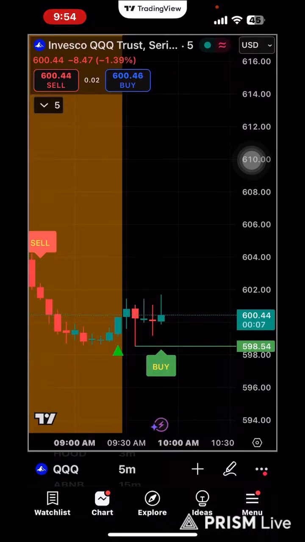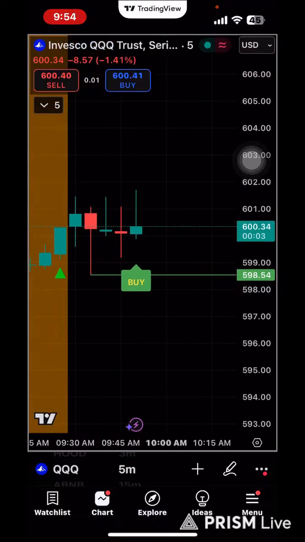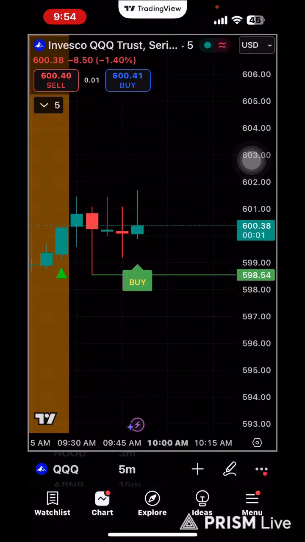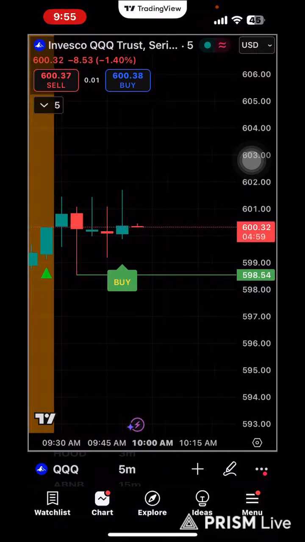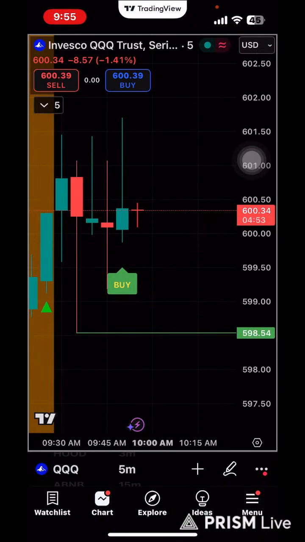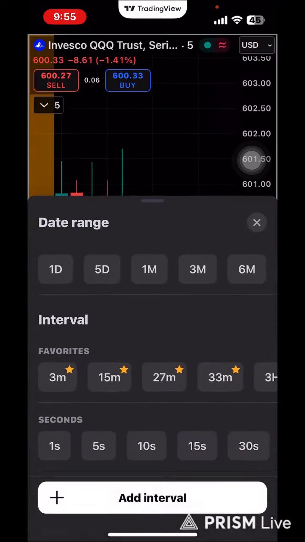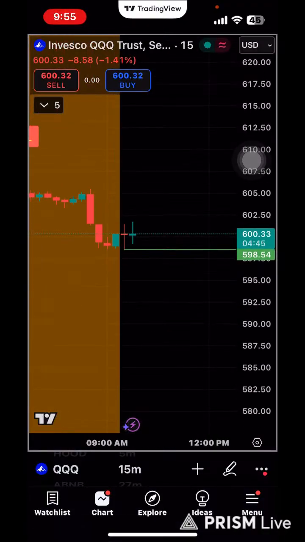So guys, it's pretty flat today. We're not really having much momentum. But I definitely would say that after some point, let's say 10 or 10:30, we're most likely going to get a downward flush. And where's that downward flush going to go to, guys? Let's take a look.